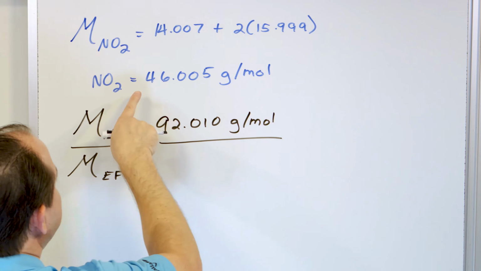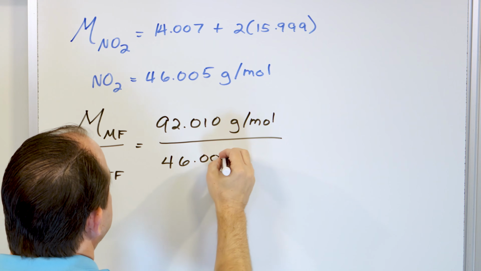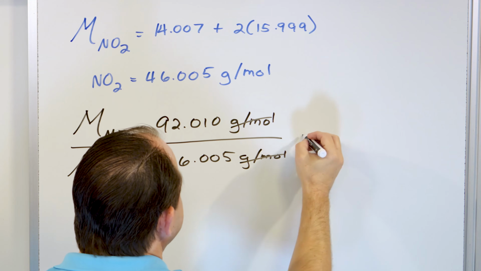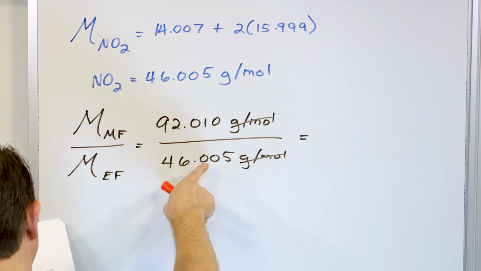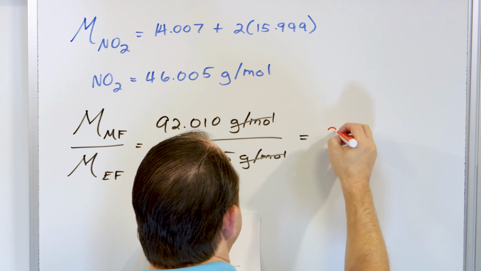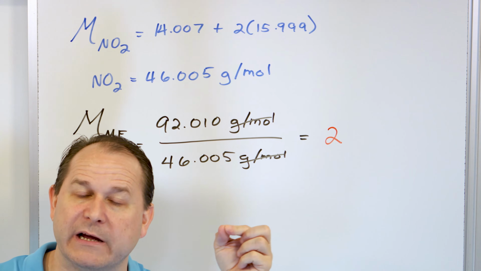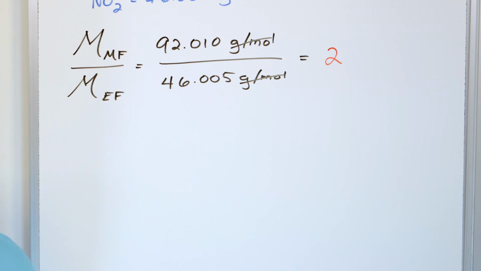And we just figured out the empirical formula mass is 46.005 grams per mole. Now the units completely cancel, so this is a dimensionless, unitless answer. It's just a ratio. But if you take 92.010, divide by 46.005, you get a number very close to 2. And that means that the mass of the molecular formula is exactly twice that of the mass of the empirical formula.